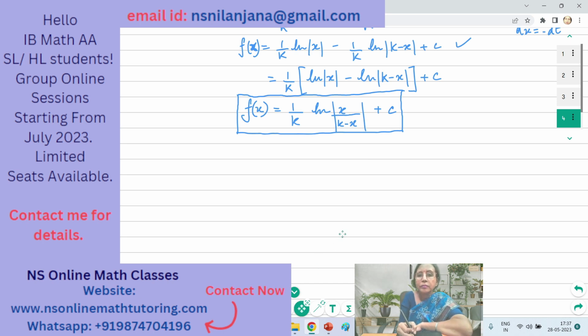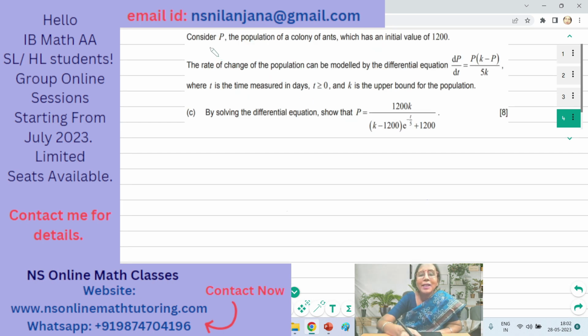Okay. Now this is subpart C and it says, consider P the population of a colony of ants which has an initial value of 1200. The rate of change of the population can be modeled by the differential equation dP/dt equal to P times (K minus P) over 5K, where t is the time measured in days and t is greater than or equal to 0.